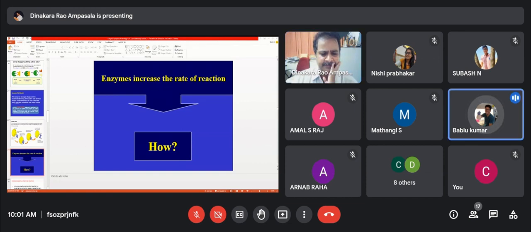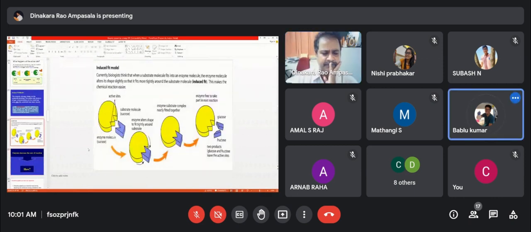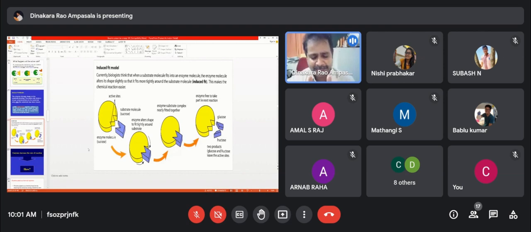Sir, in the last slide I have a doubt. Does the enzyme bind with the substrate only through the active site residues, or with the whole enzyme? No, the enzyme interacts with the substrate with the active site only, not the whole enzyme. That is confirmed.